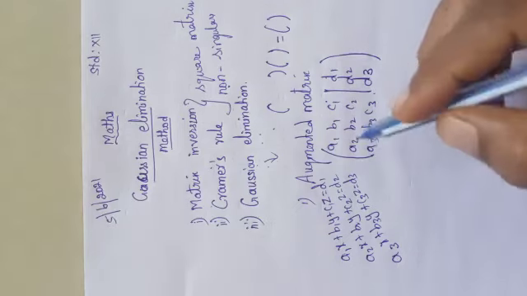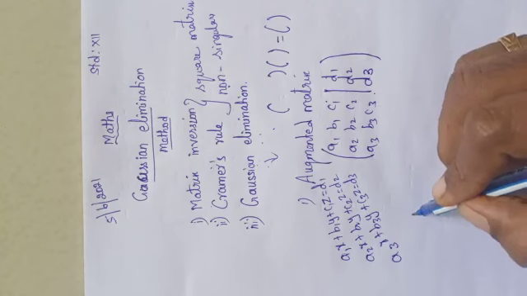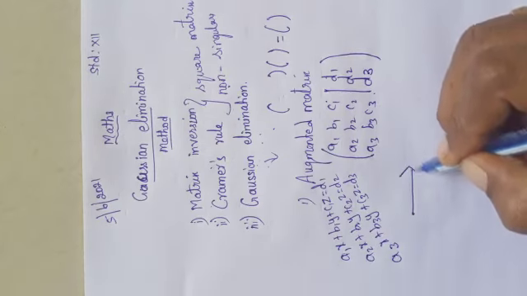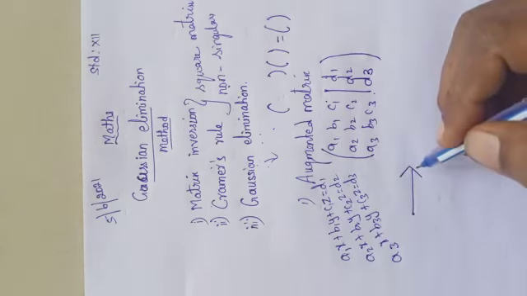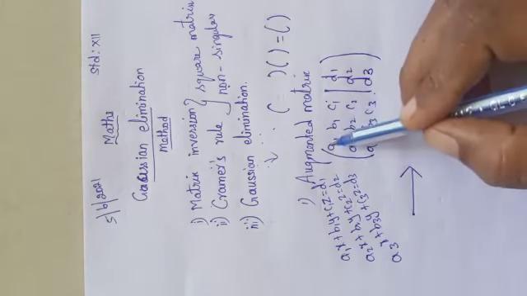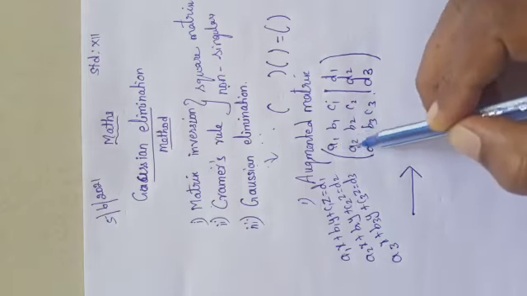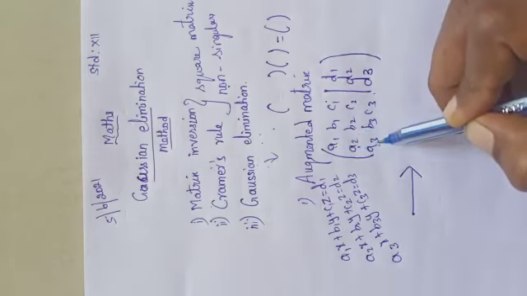The next step is that this augmented matrix should be converted into row echelon form, which you learned in last week's classes. What is that row echelon form? Below the first entry, these two values should be 0, isn't it?